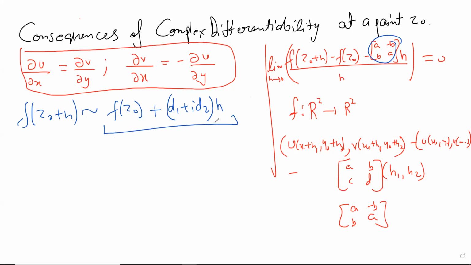So around z naught, the function is just this. What does it mean? It means that when it takes h, it just rotates it and scales it, because that's what this does, and just adds back the z naught, right? So if you have the point z naught, and you take a slight extra vector h, and you want to know where this goes, let's say z naught went somewhere here. This is f of z naught. Then where will the h go?